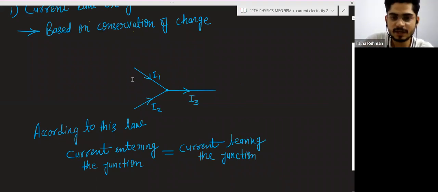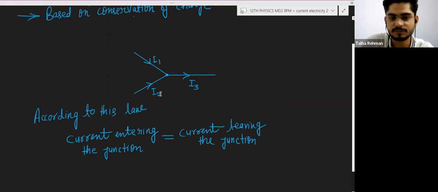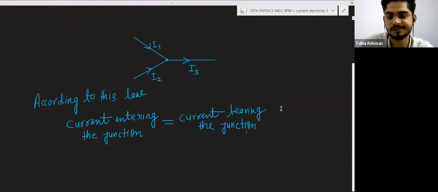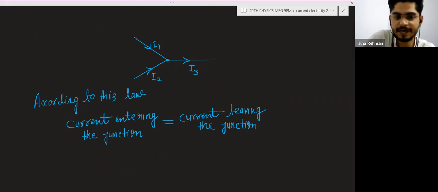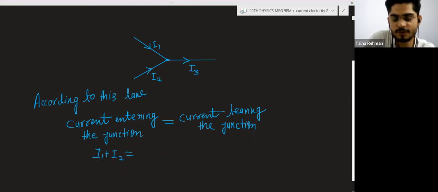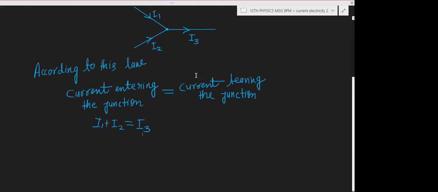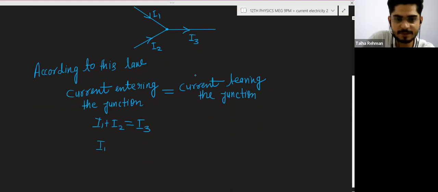So what is the current entering the junction? Hamza? I1 plus I2 is the current entering, and what is the current leaving? I3. Okay. Yes. So you can write this as I1 plus I2 minus I3 is equal to 0. You can write the equation like this.